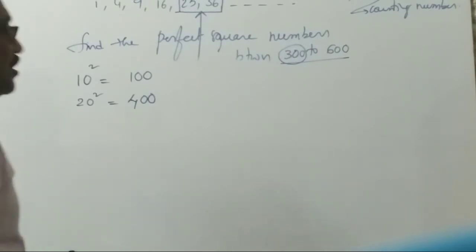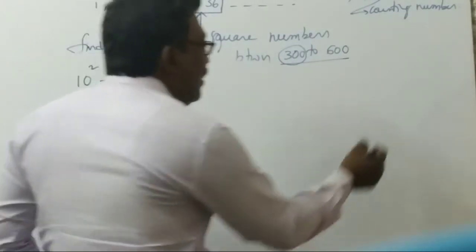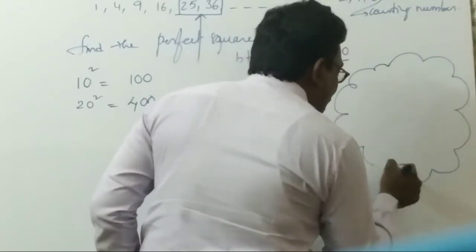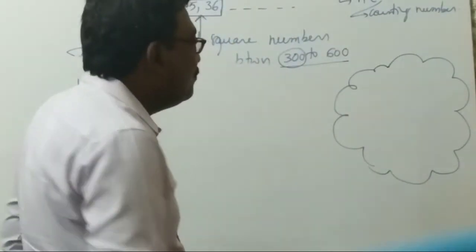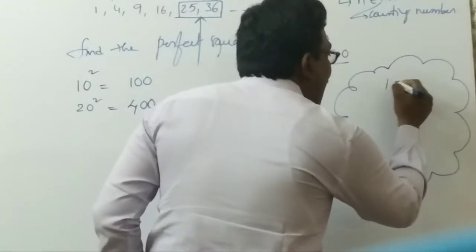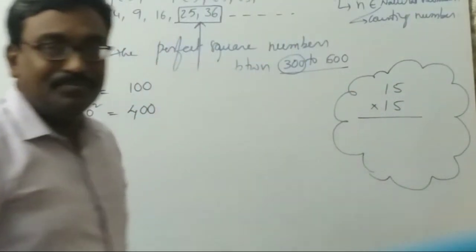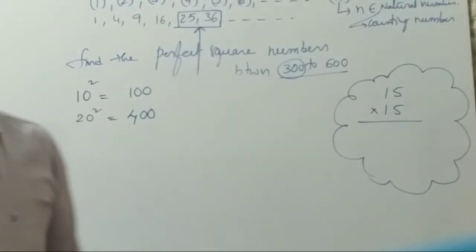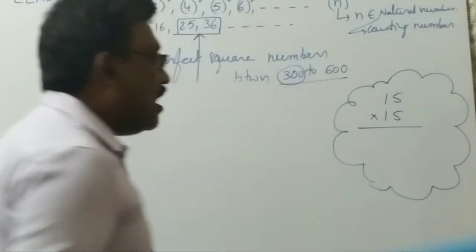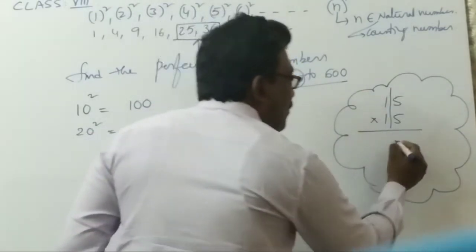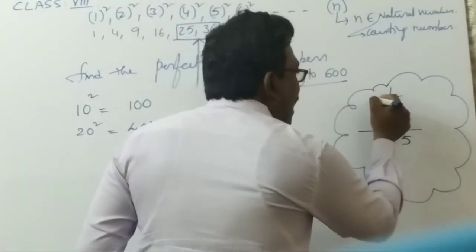Alright? So, here one technique I will tell you. One shortcut, that is 15 into 15. 15 15s are? You need not multiply. See, draw one line like this. 5 5s are 25.